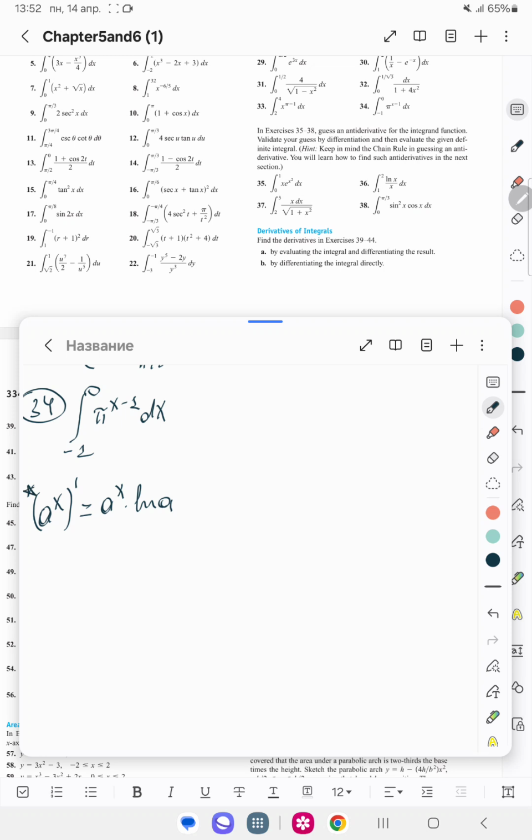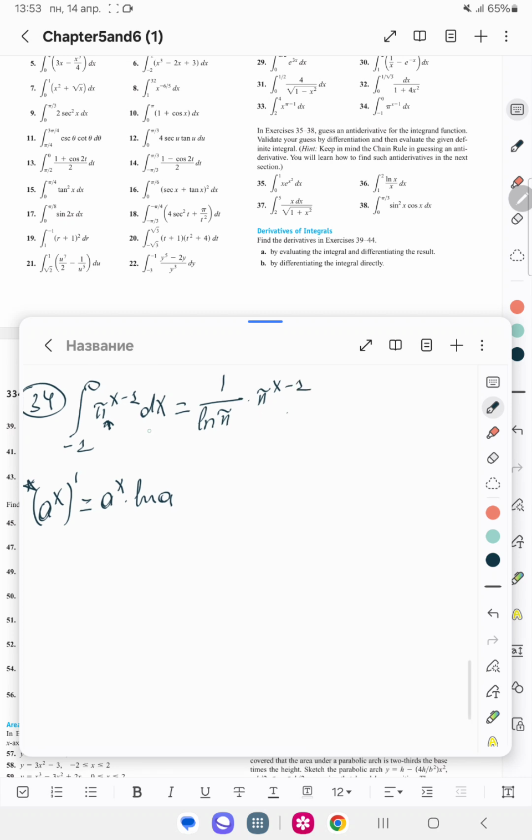So that's why we'll write here 1 over ln pi times pi to the power of x minus 1, exactly the same thing, from minus 1 till 0, and that's it.